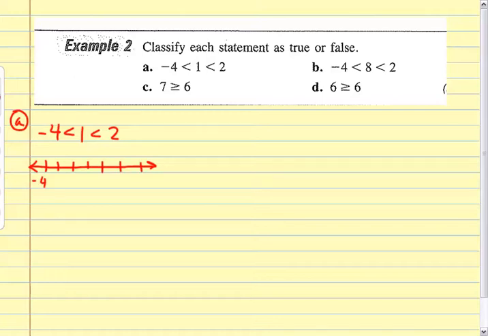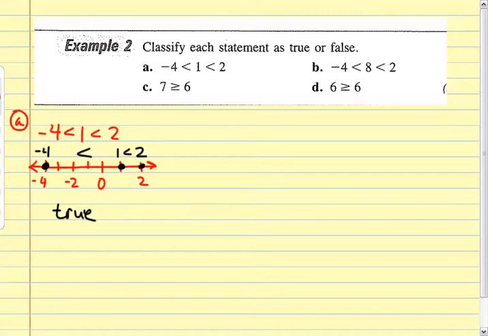Is that right? So, when I graph these things, here's -4, here's 1, and here's 2. All in the same order, right? There we go. -4 is less than 1, less than 2. So this one's true for sure.